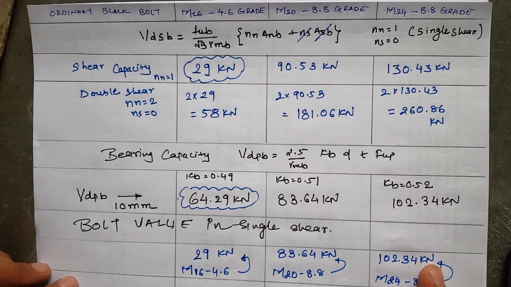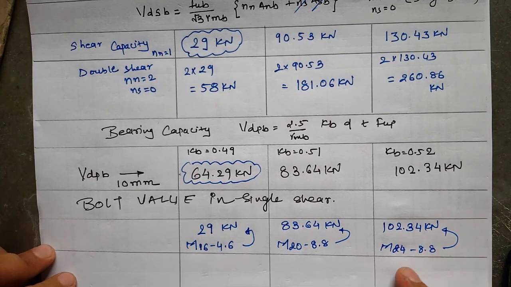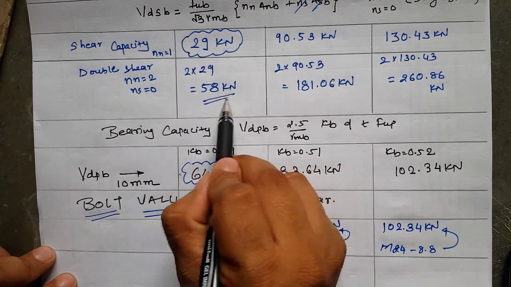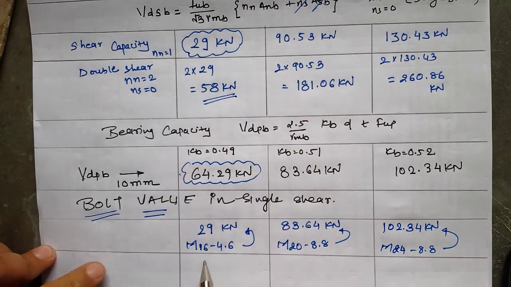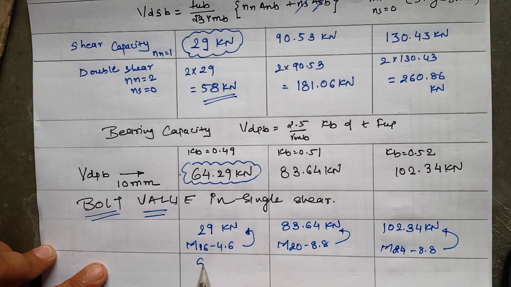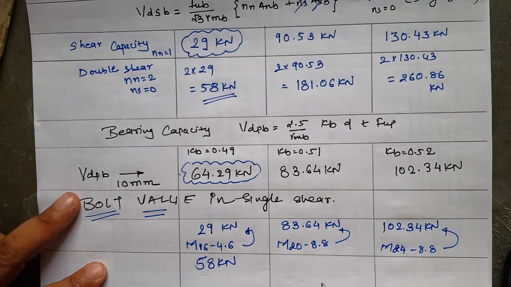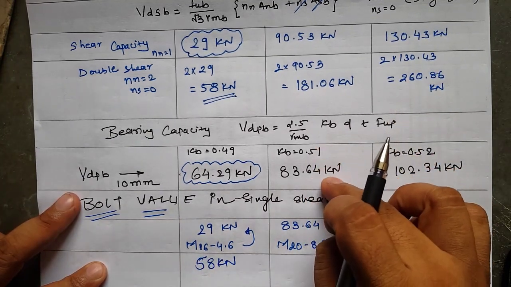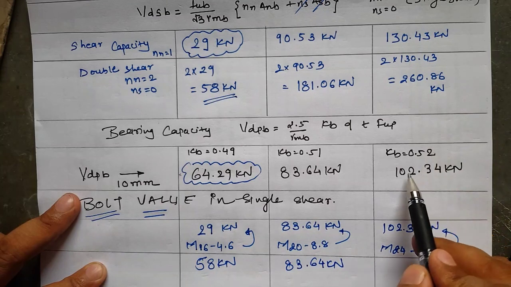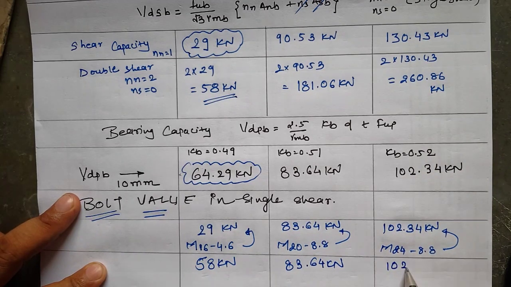Now similarly, if the bolt value is to be calculated for double shear, we have to focus on the double shear value instead of 29. In double shear also, 58 and 64.29, the minimum is 58 kilonewton; out of 83.64 and 181, the minimum is 83.64 kilonewton; as well as 260 and 102.34, the minimum is 102.34 kilonewton.